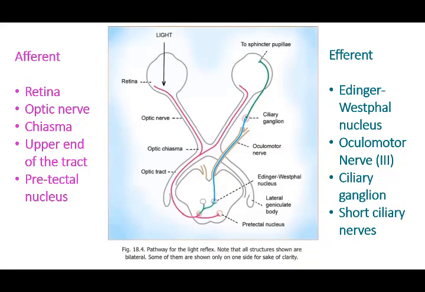It's going directly to the pretectal nucleus and into the Edinger-Westphal nucleus. This is just a reflex via the oculomotor nerve to the sphincter pupillae. So the pupil is going to constrict or react to light even when the patient is unable to see. Got it?